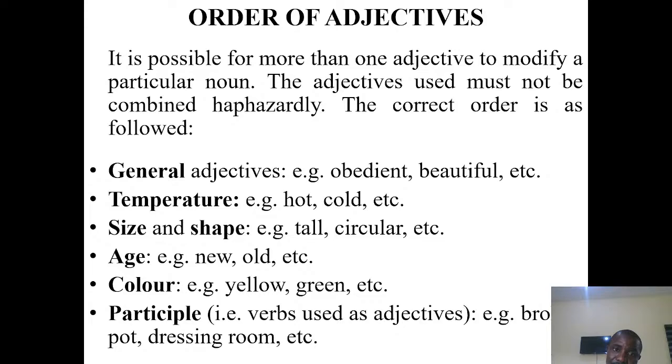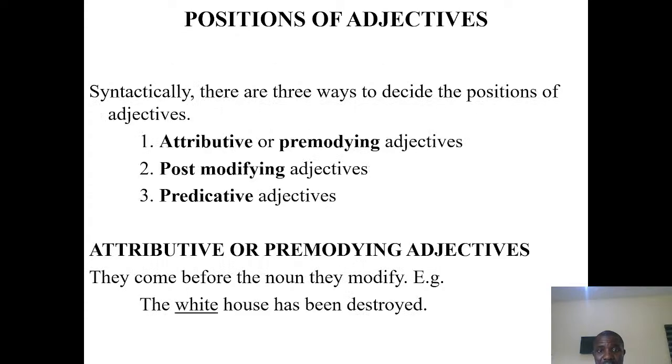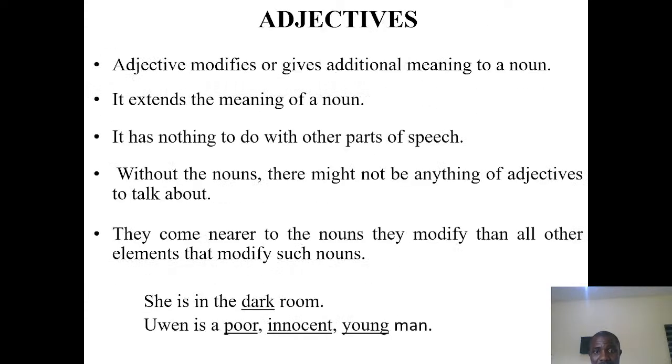Take note of that. Order of adjectives. This very one does come in exams. There may be a time that several adjectives will be used in modifying the noun. We can use so many adjectives to modify the noun, as in this sentence: Owen is a poor, innocent young man.